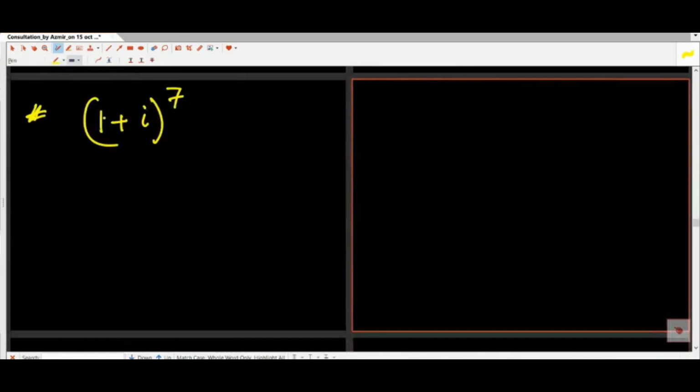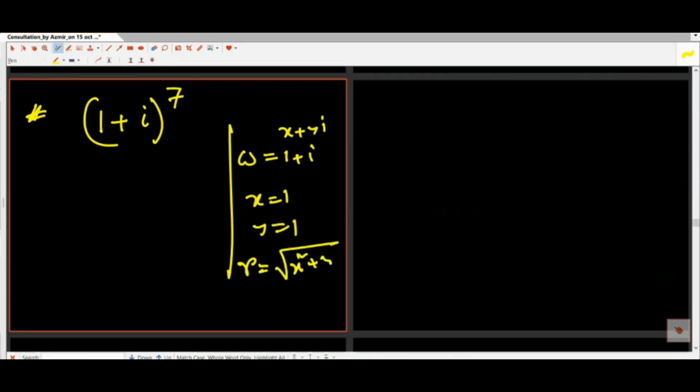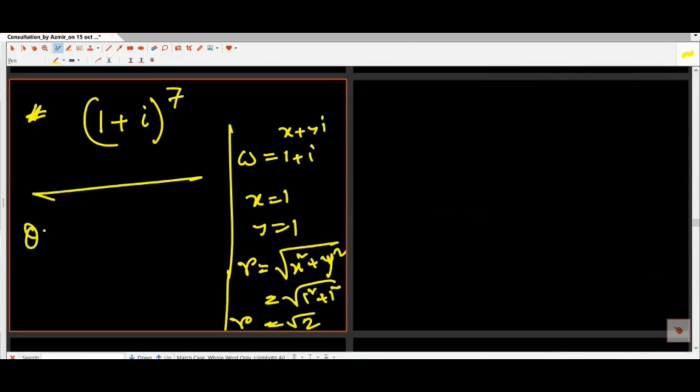So we have the point z equals 1 plus i. Let us consider this is w, so w equals 1 plus i. It is in rectangular form x plus yi, where x equals 1, y equals 1. So r will be the square root of x squared plus y squared, that is the square root of 1 squared plus 1 squared, that is square root of 2. At the same time, what is the argument?